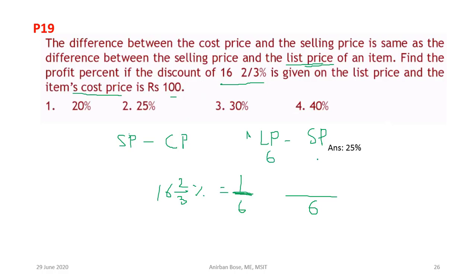Why are we considering 6 as the list price? Because then the fraction will simply cancel. Then what will be the discount? The discount will be 1.